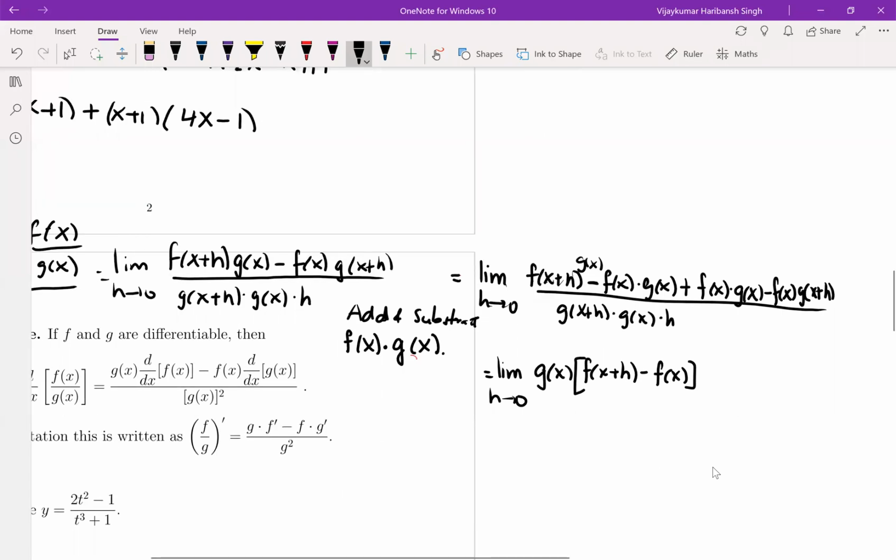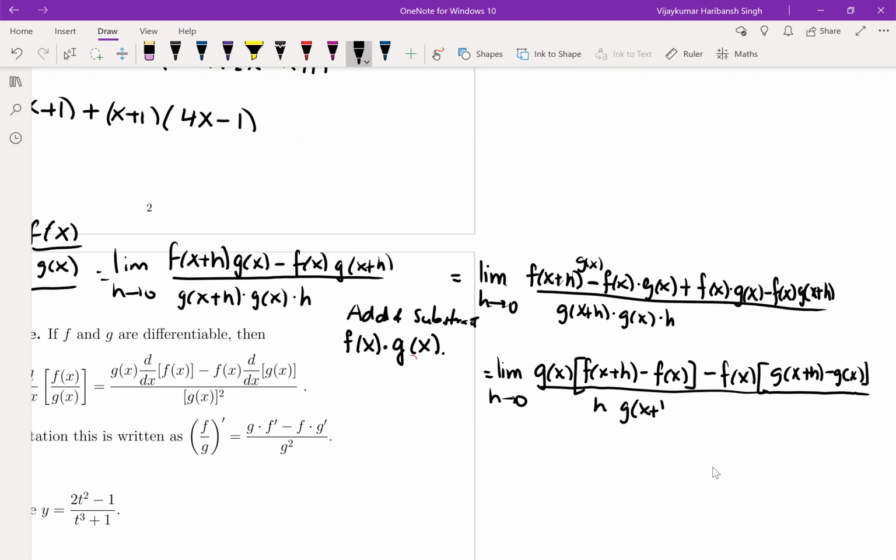And now from the second one, I will take minus f of x common because I want to write it as g of x plus h minus g of x. There's a minus sign here, right? So I'll do g of x plus h minus g of x, the whole divided by h times g of x plus h times g of x.